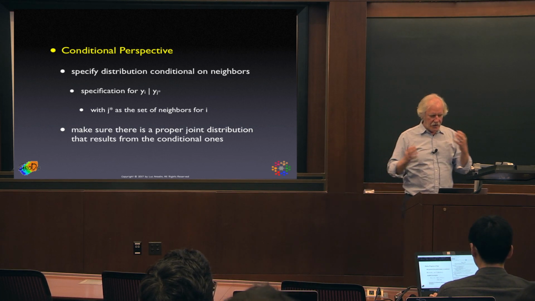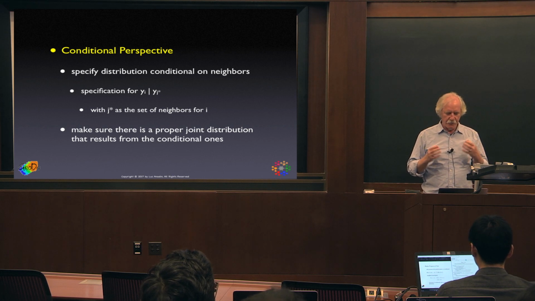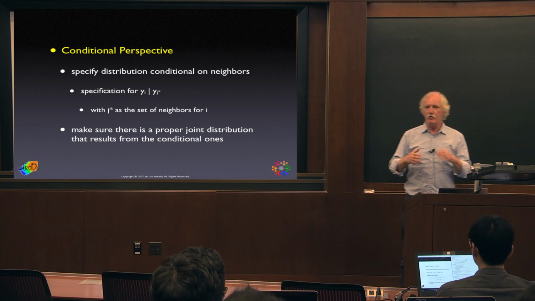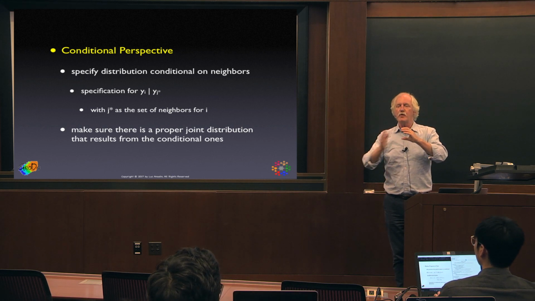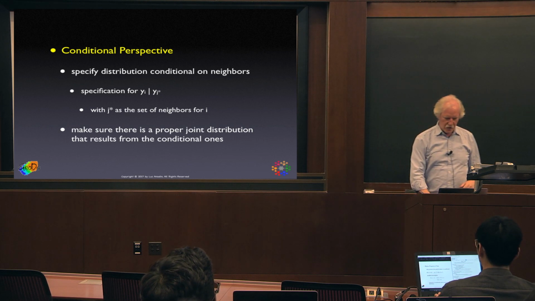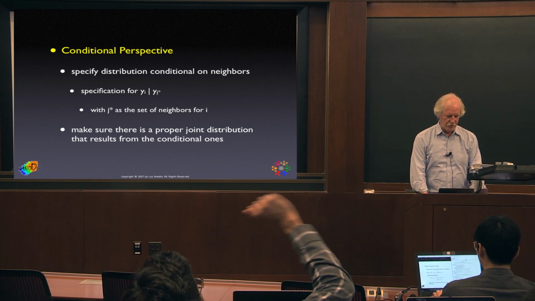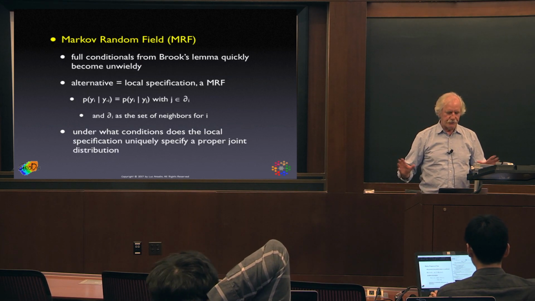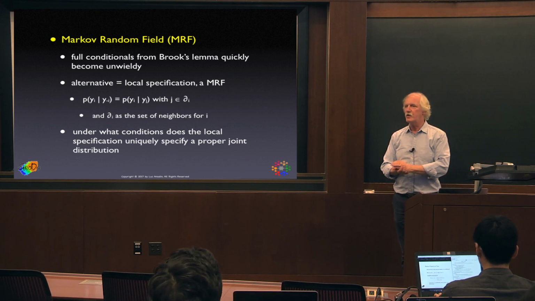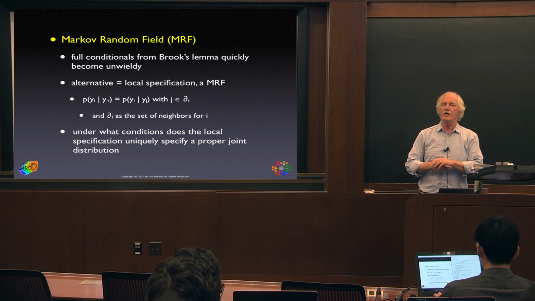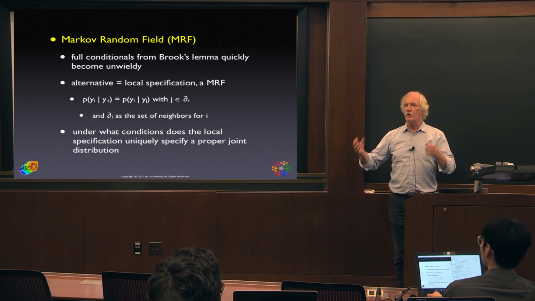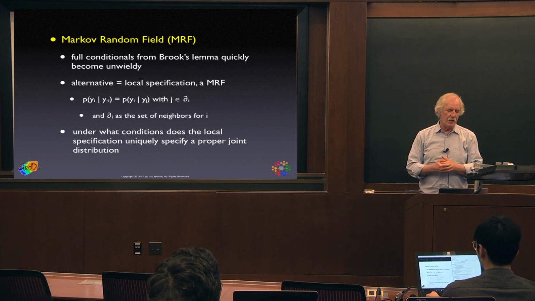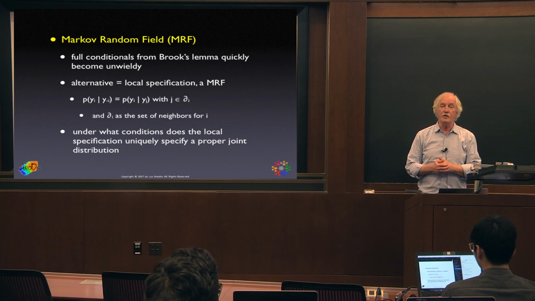So in a Markov random field, we say rather than, like before, one location conditional on all the other ones, we do one location conditioned on a few. Okay? And that's the Markov random field. So as I said, these Brook's lemma conditionals, they're a pain in the neck. I don't know of anybody who actually uses this other than in theoretical proofs. But the Markov random field is used all the time.